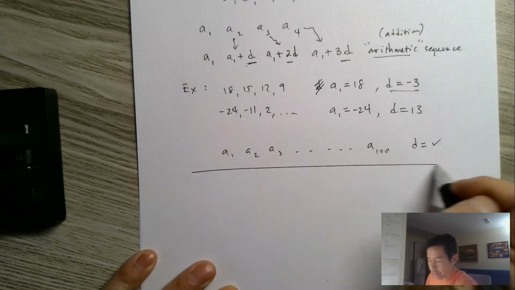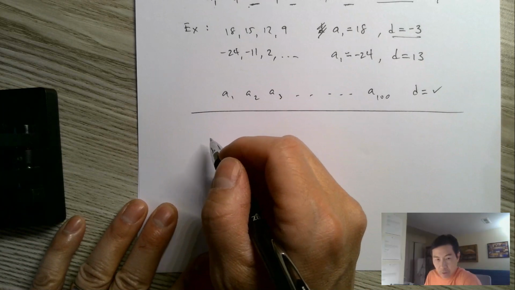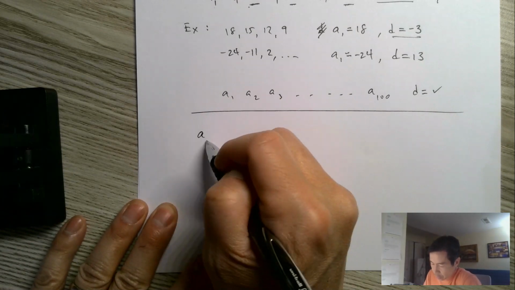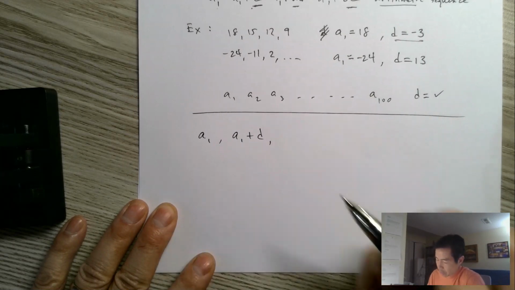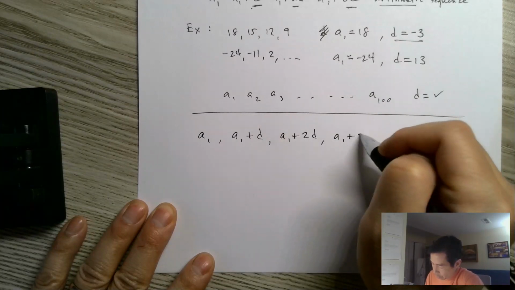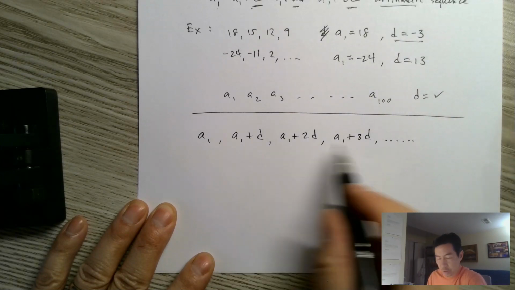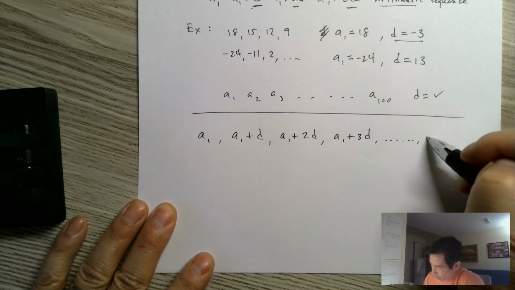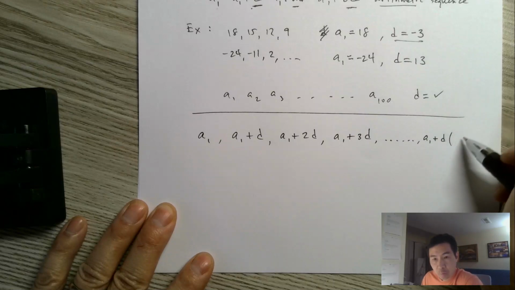To derive this, I'm going to rewrite the terms of a general arithmetic sequence like so: a sub 1, a sub 1 plus d, a sub 1 plus 2d, a sub 1 plus 3d, and then dot dot dot for all the successive terms, all the way to a sub 1 plus d times, and I'm going to leave this blank for the moment.